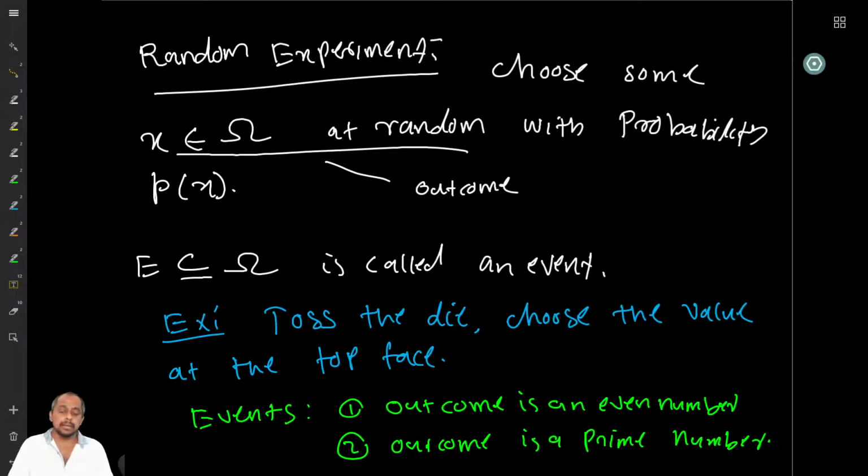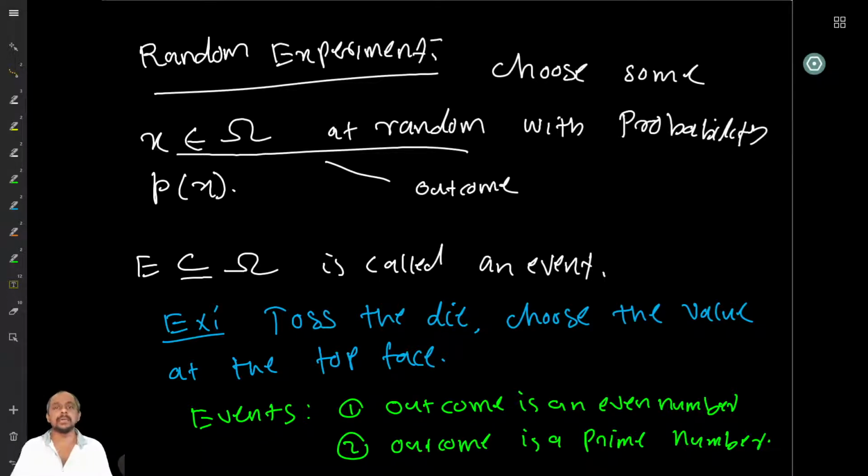Now, a subset of omega is called an event. So if E is a subset of omega, then we call E an event. An example is again when you toss a die. The number of dots that comes up will be 1 to 6, but we can define our event to be that an even number of dots comes up, so it's either 2 or 4 or 6.